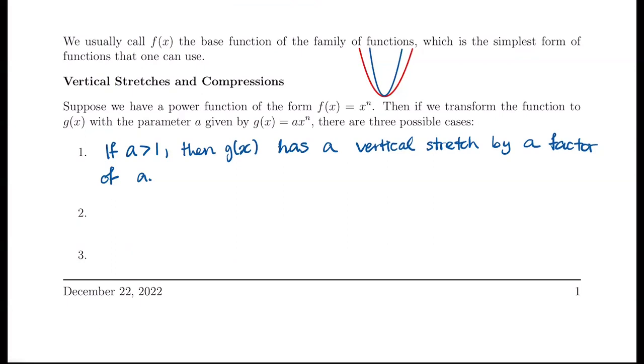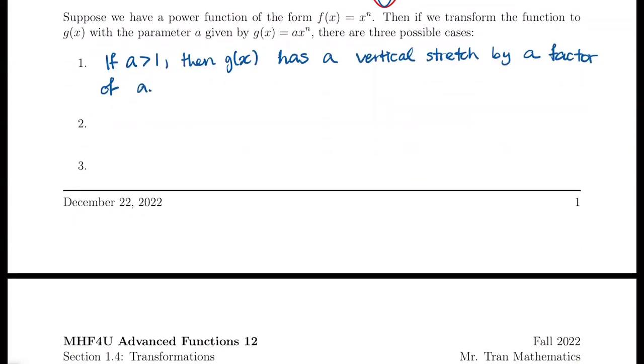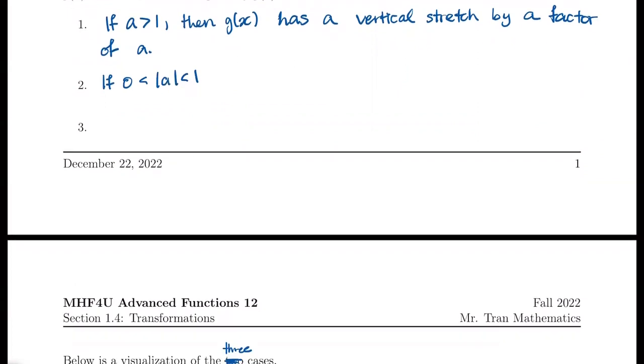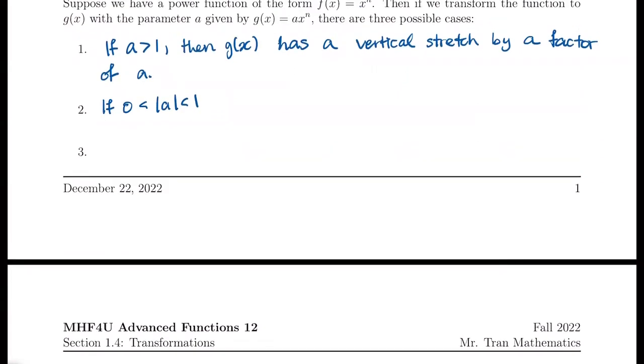Next, what happens when a is not greater than 1, but is between 0 and 1? Let's say the absolute value of a is between 0 and 1. It could be negative or positive, but the main focus here is the absolute value of a.